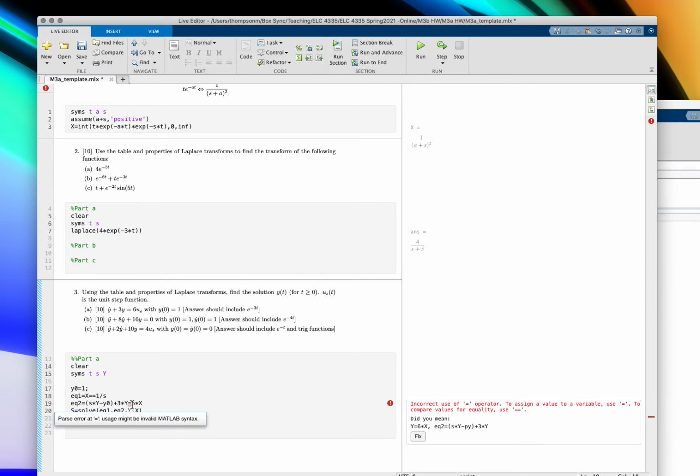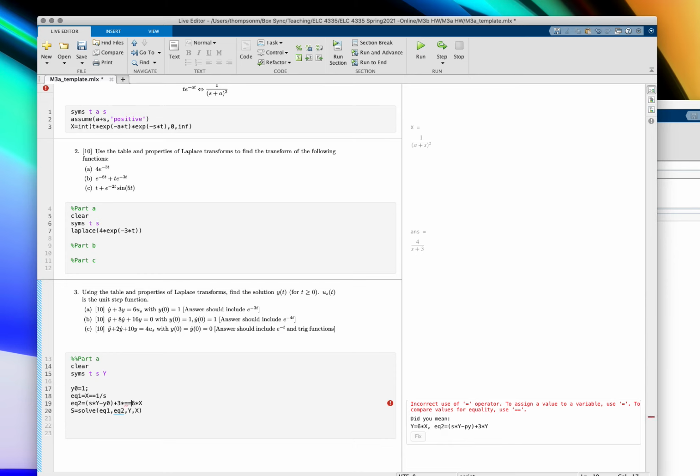The other thing is, there are 2 types of equations I'm doing here. EQ2, I'm labeling this equation, but I don't have this set up as a symbolic equation yet. I need a double equal sign. Easy to type.